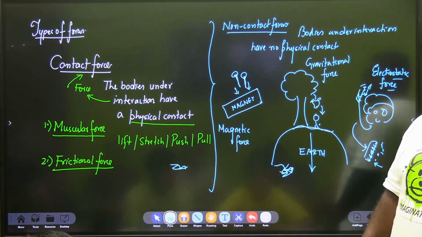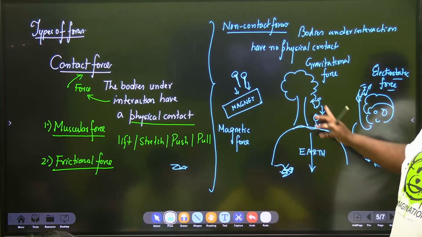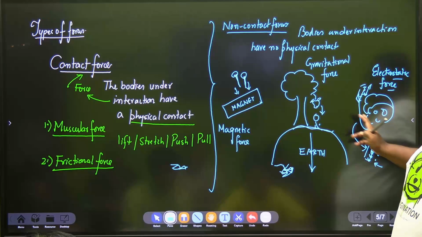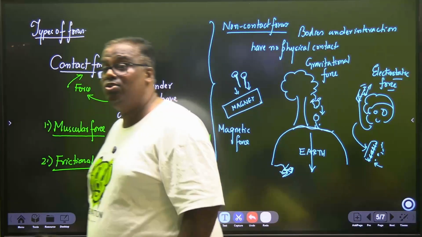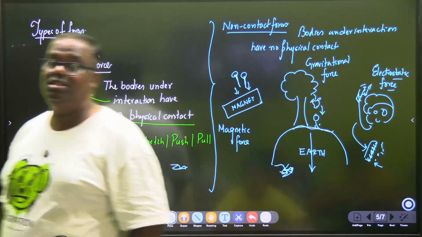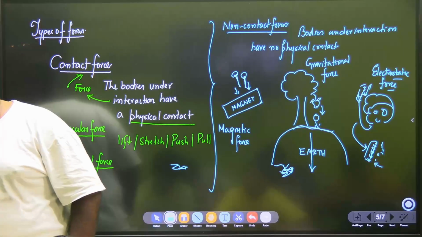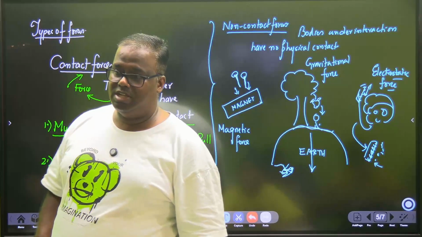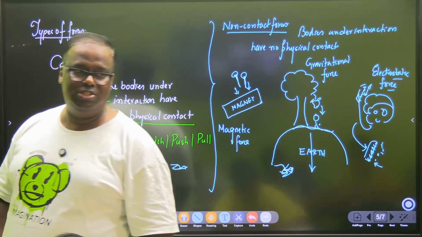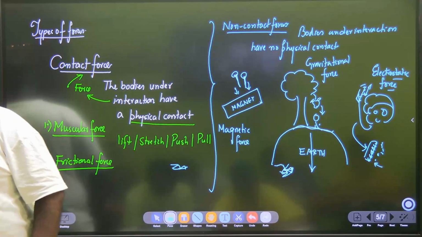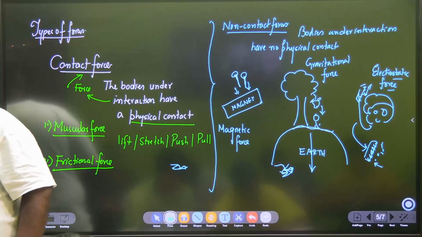Gravitational force is never repulsive. However, magnetic and electrostatic force can be attractive or repulsive based on the nature of charges and magnetic poles of the body. Like poles repel, unlike poles attract. Similarly, you should write unlike charges attract, like charges repel.